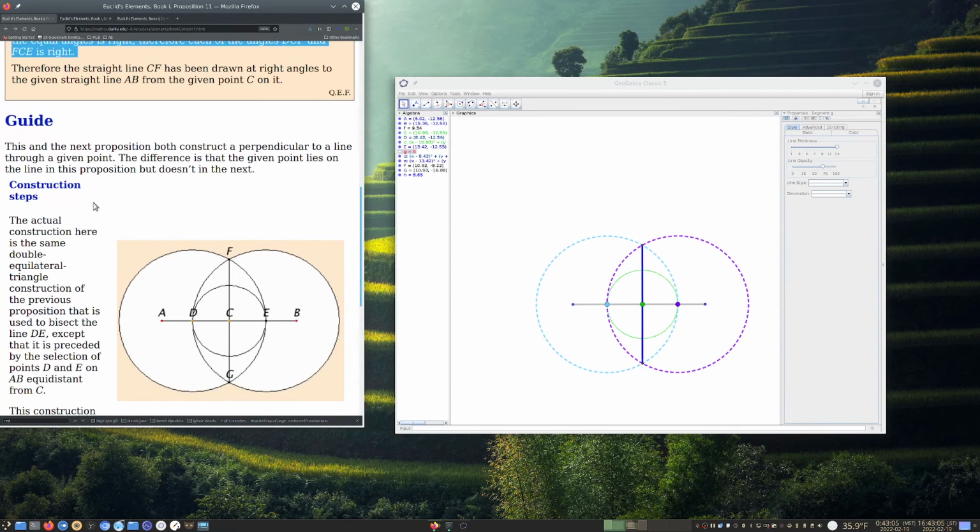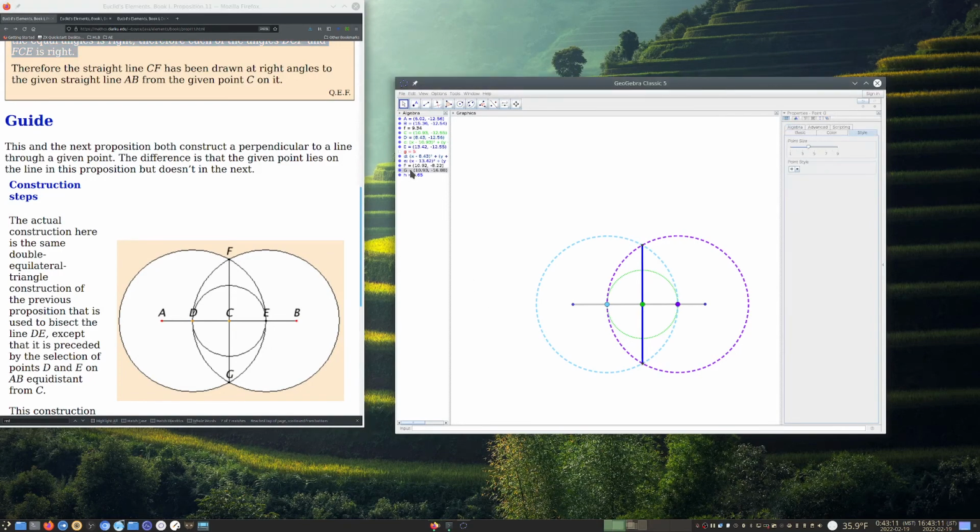The actual construction here is the same. Look, it's exactly the same as what I did. I bet even if we turned on the labels, it would be exactly the same. See, I am as smart as Euclid. Although I'm smarter than him because he was a mathematician and I'm the smartest who has ever lived. Anyway.